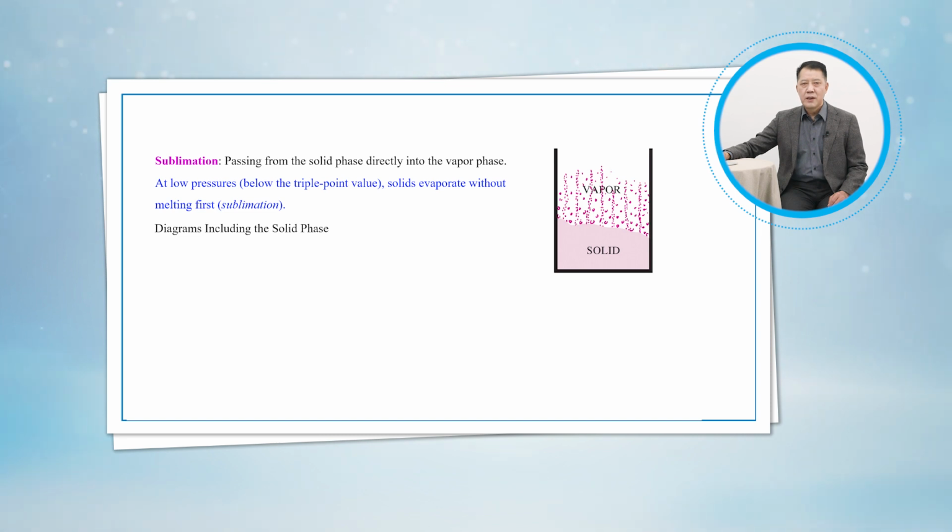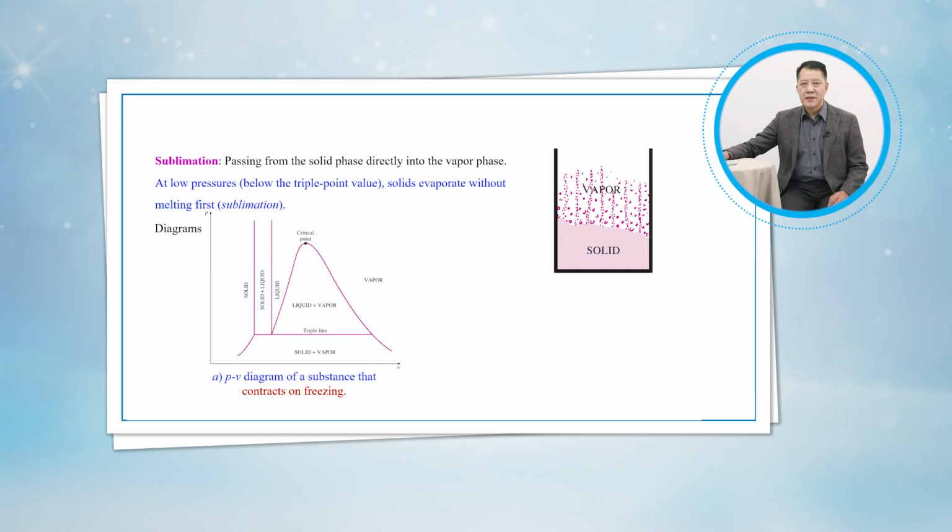Have a look at the diagrams that include the solid phase as well as the solid-liquid and the solid-vapor saturation regions. The basic principles discussed in conjunction with the liquid-vapor phase change process apply equally to the solid-liquid and solid-vapor phase change processes.